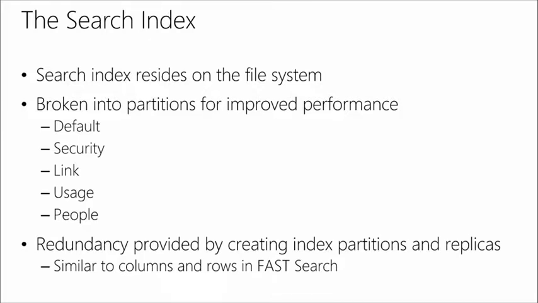Now, the search index is actually written out to the file system. The reason for that is that in this way, we're not going to be reliant on SQL to store all of that information, not bringing in yet another SQL server. Instead, everything is going to be stored inside of our file system.